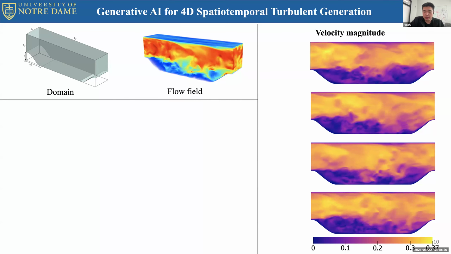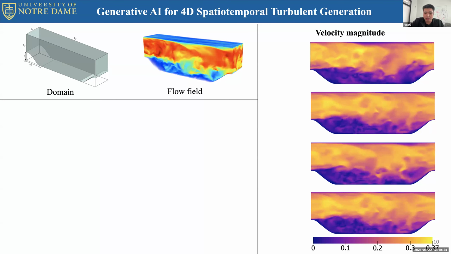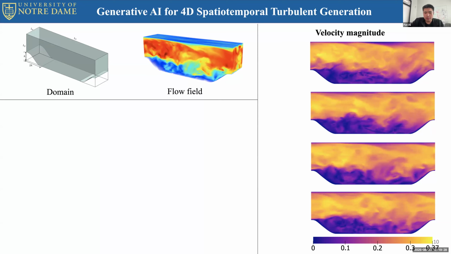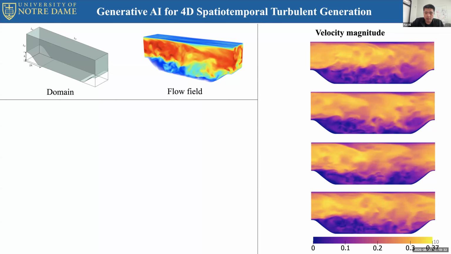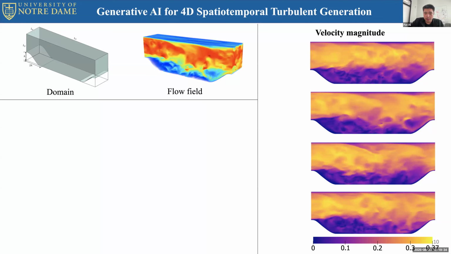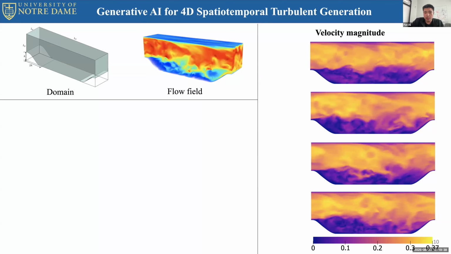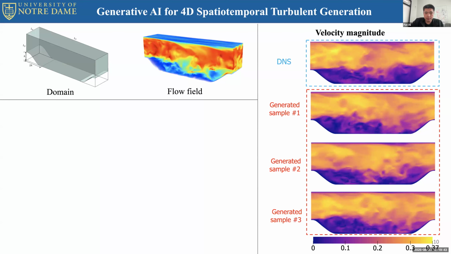And you may guess which one is the ground truth and which one is the generated realizations. And the fact is that you cannot actually tell them because they are very similar to each other, but still different. And they are preserving the same inherent turbulence flow structures.